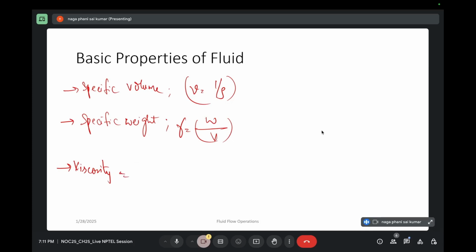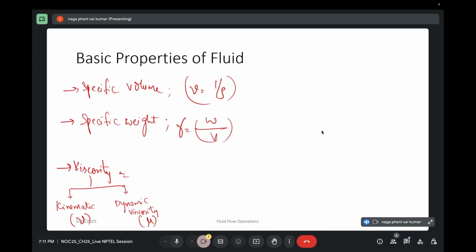There are two types of viscosities again. One is kinematic viscosity, and another one is dynamic viscosity. Dynamic viscosity is represented as mu. These are two different terms: dynamic and kinematic viscosities.